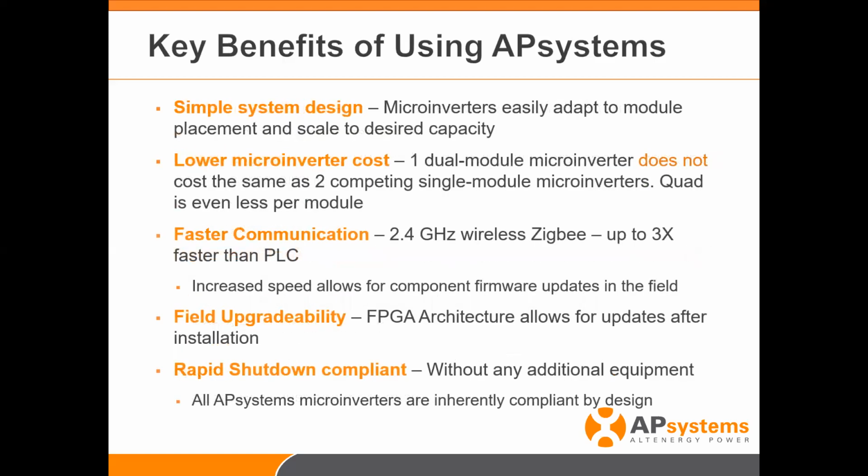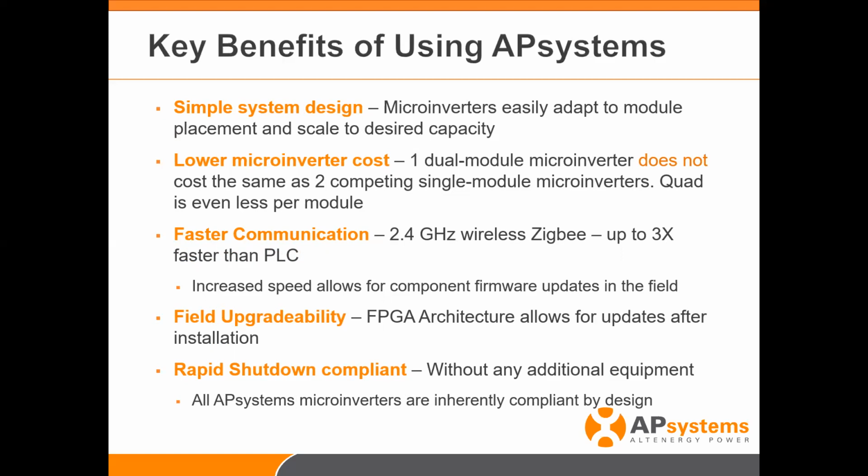Again, the simple system design I mentioned, and lower microinverter costs because you have multiple units in one box. Faster communication really allows data to come back quickly, and every day there's more data that our customers want from the product, so we made sure that's set up in advance.